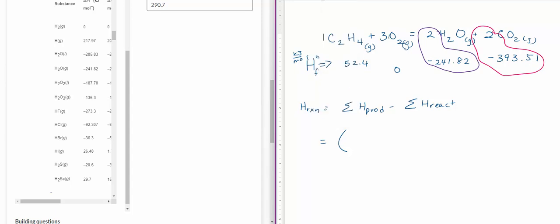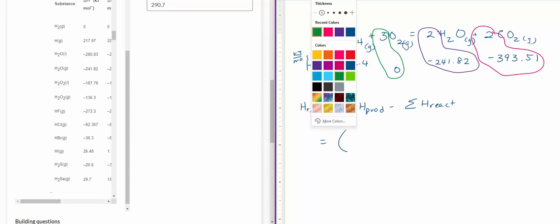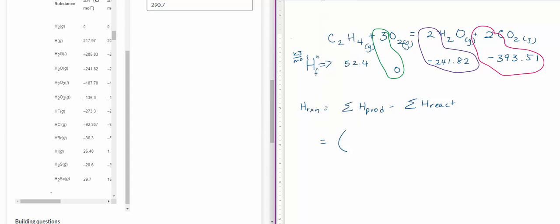And let's see, 3 times 0, that's probably my favorite one. And let's use this color, why not? And then remember, the absence of a number is a 1 and not a 0. So 2 times negative 241.82 plus 2 times negative 393.51. And then I subtract from that, because these are my products and these are my reactants.